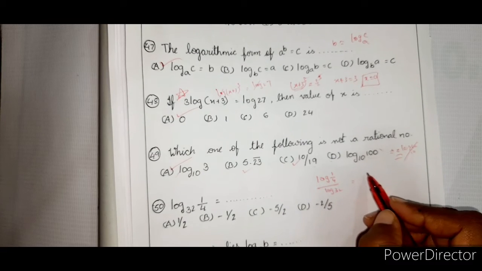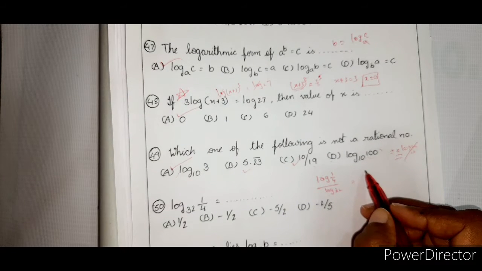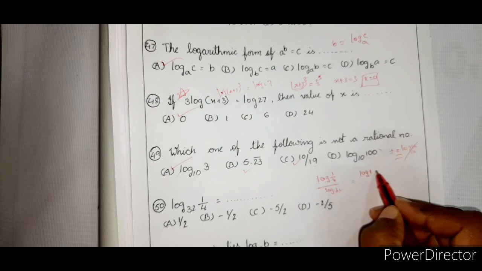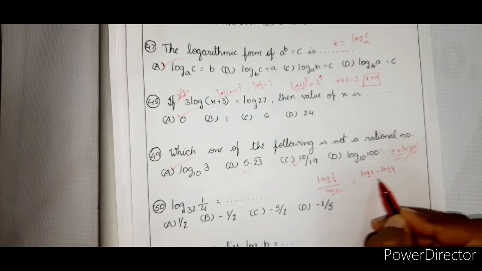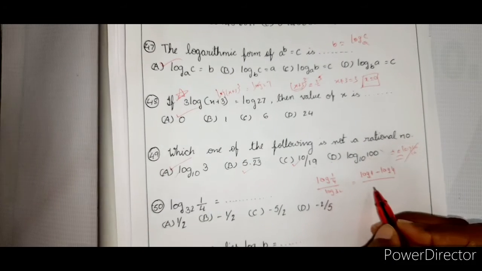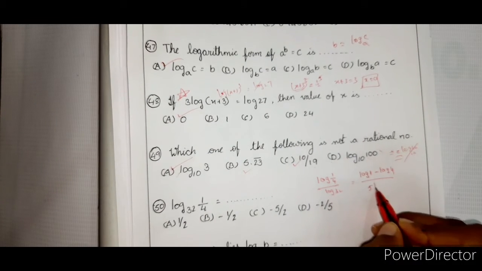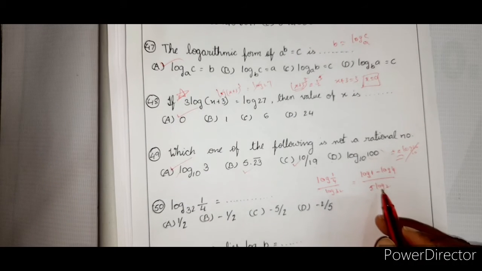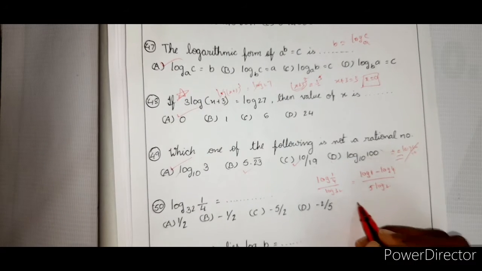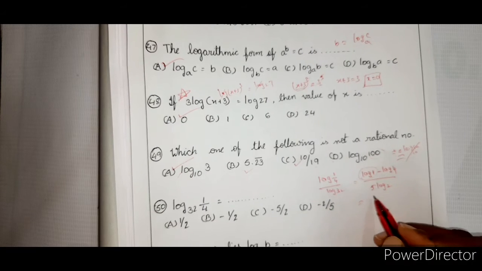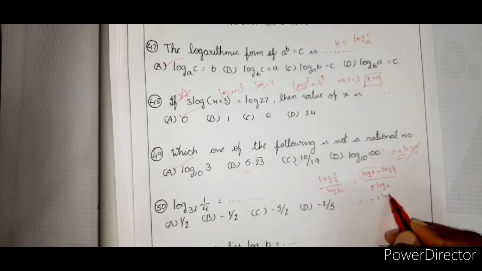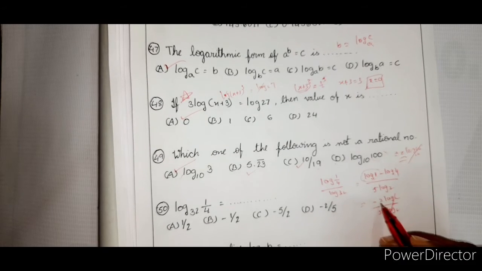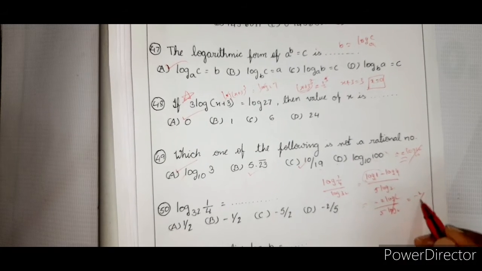Log 1 by 4 is log 1 minus log 4, divided by log 32, which is 5 log 2, as 32 is 2 power 5. Log 1 is 0, minus log 4 means minus 2 log 2, by 5 log 2. Log 2 will get cancelled, so minus 2 by 5.